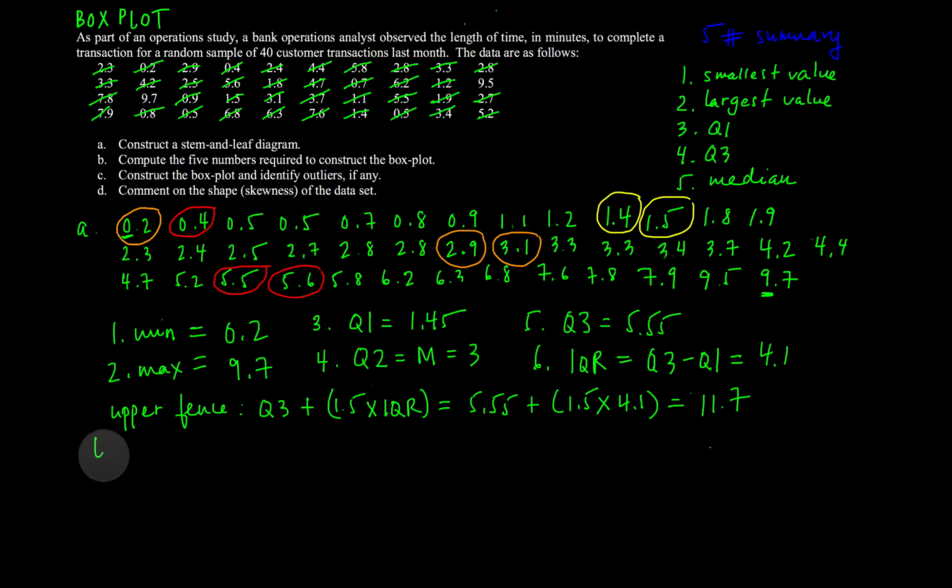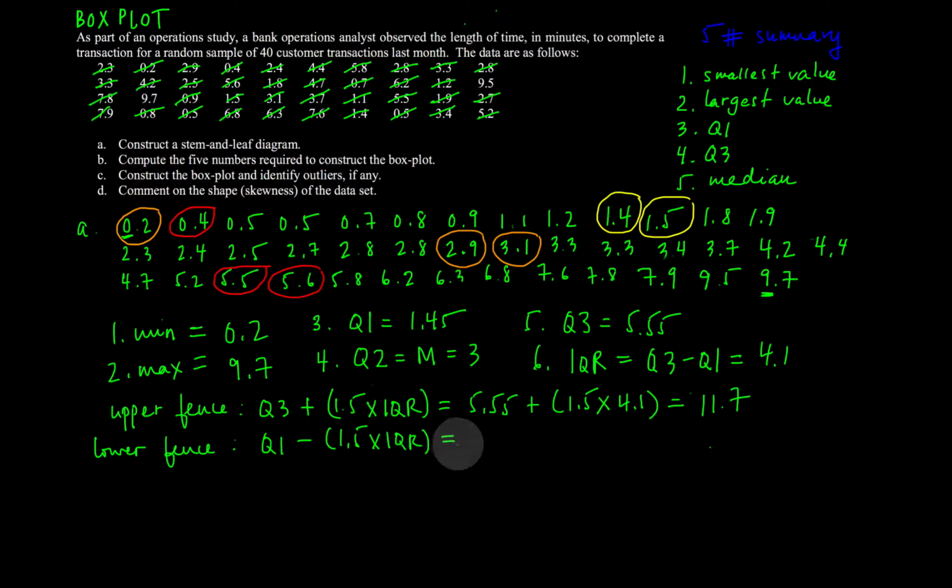Now let's do the same thing for the lower fence. It's the fence on the left-hand side, so the closest quartile is Q1. Since we're moving further towards the left from Q1, we're going to subtract the same thing, which is 1.5 times the IQR.